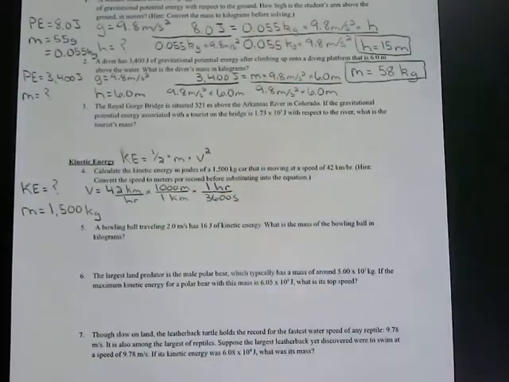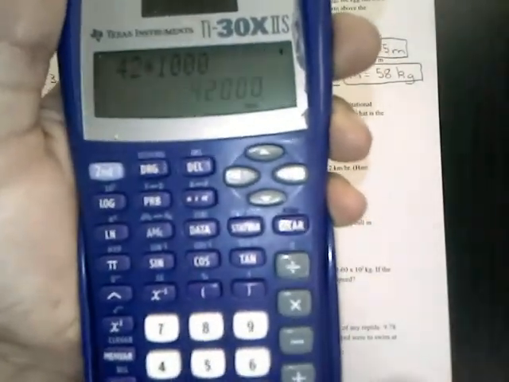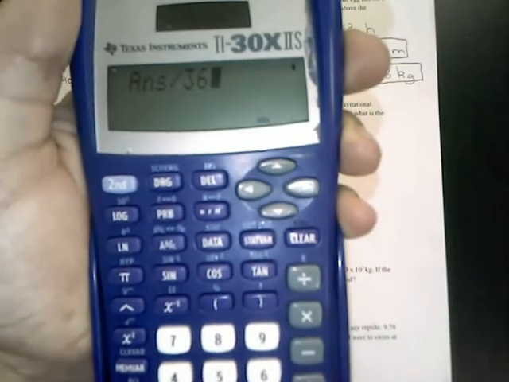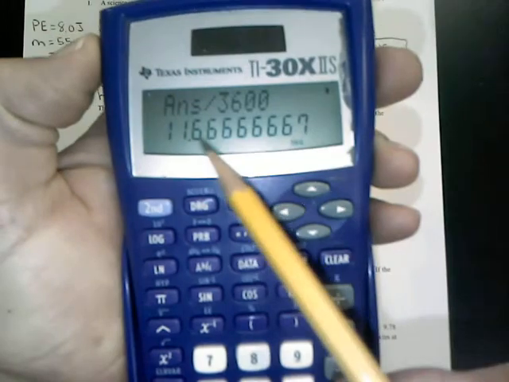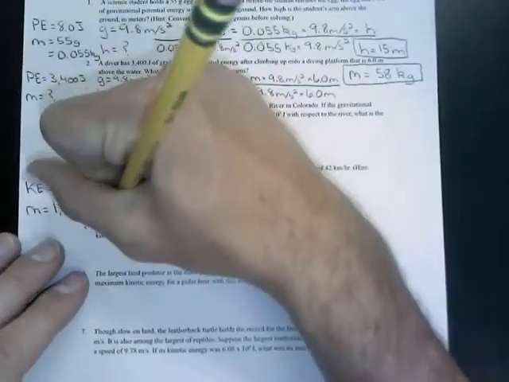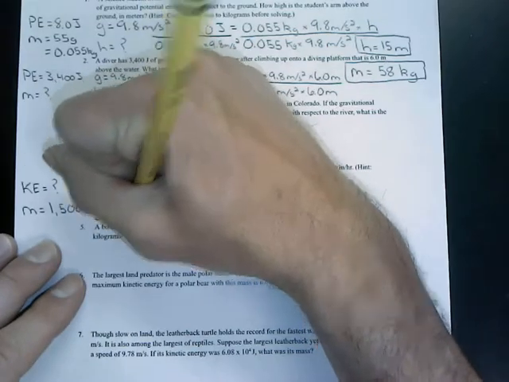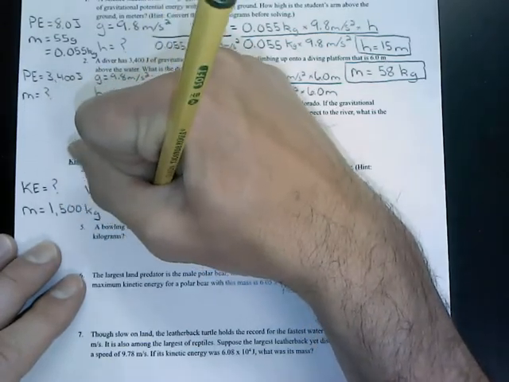Okay? So in my calculator I'm going to take 42 times 1,000, and then divide that answer by 3,600. And I get a value. I'm going to use 11.7 meters per second. So our velocity equals 11.7 meters per second.